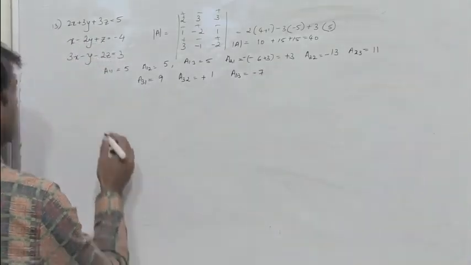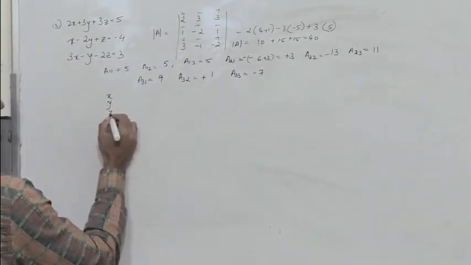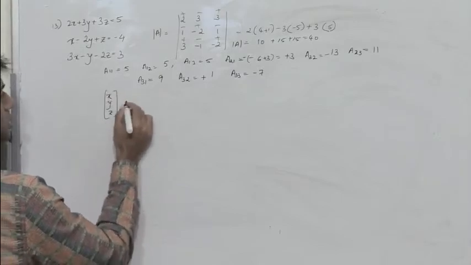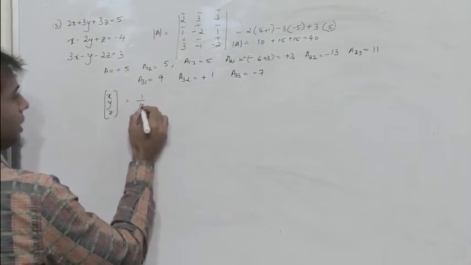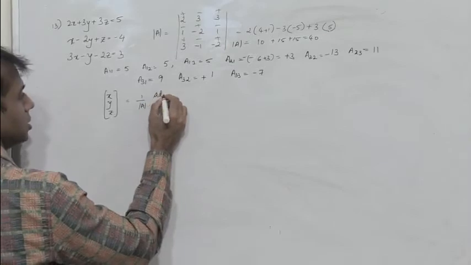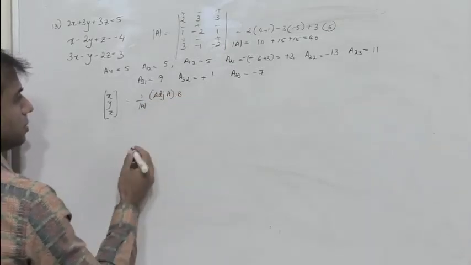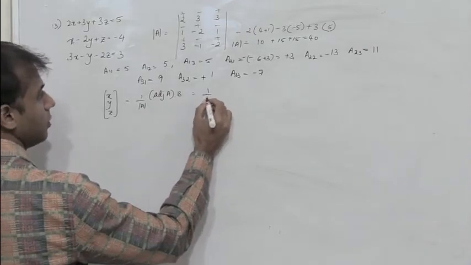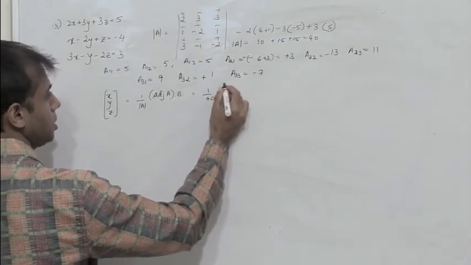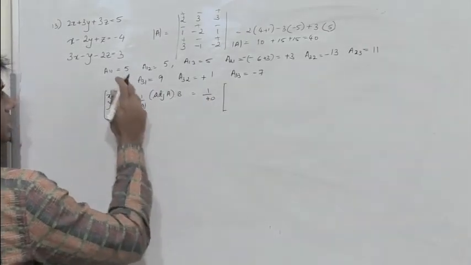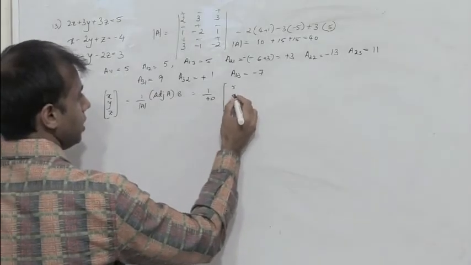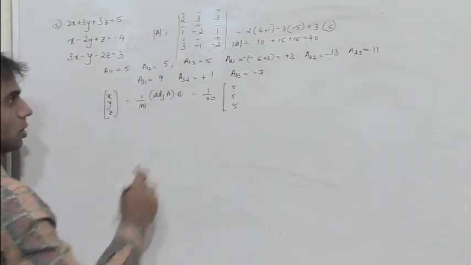Okay, so we have x, y, z equals 1 by determinant A, adjoint A into matrix B. So we have 1 by 40 into adjoint of matrix A, which is 5, 5, 5, writing them column-wise.